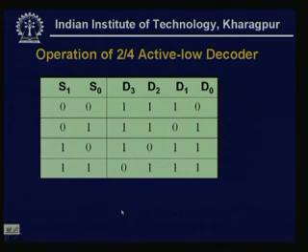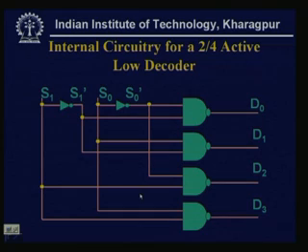Then what will be the circuit? See, now the circuit is, see if we can draw, that means now what about the D0 function? So, the D0 function will be S1 bar dot S0 bar, overall complemented, because earlier it was active high, now it is active low.